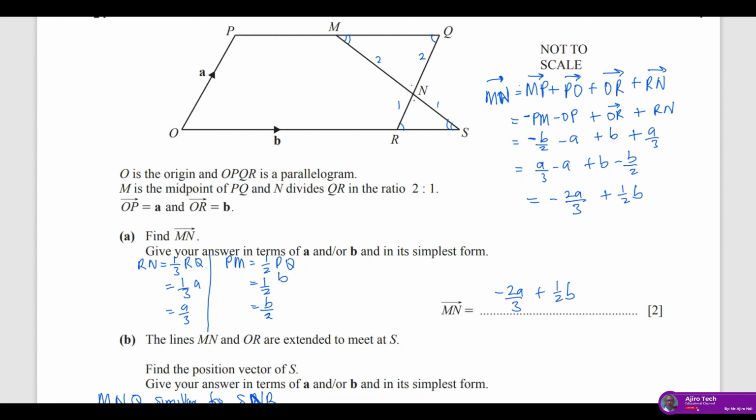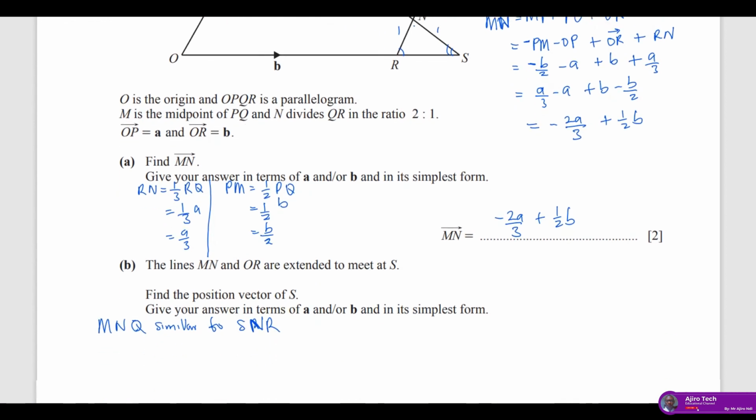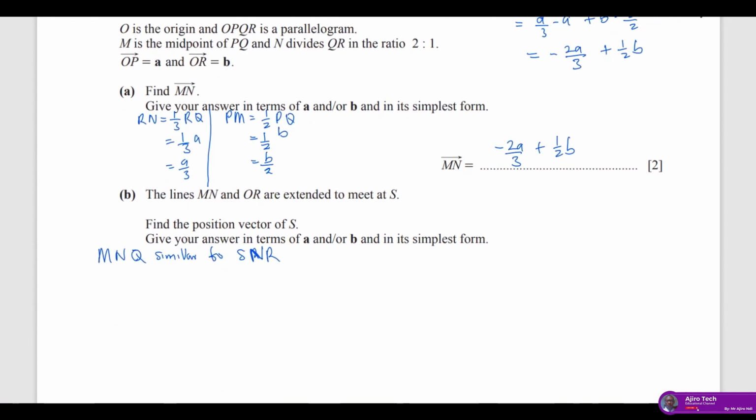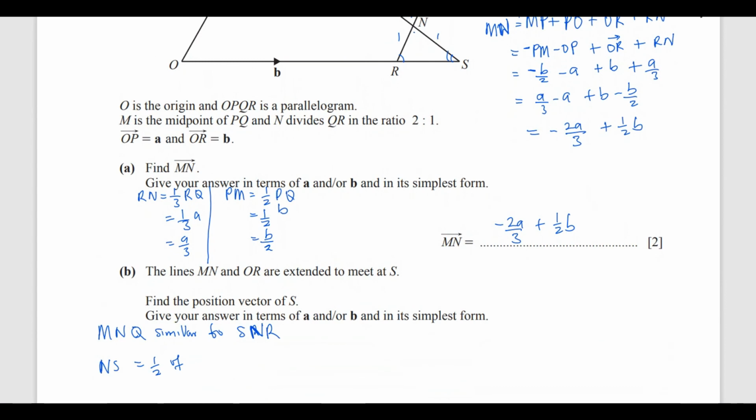These two should be in that same ratio also. So I'll say that NS is half of MN.